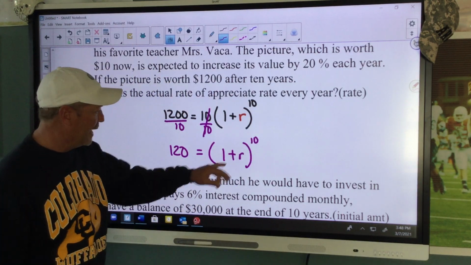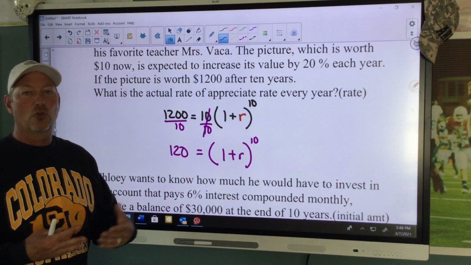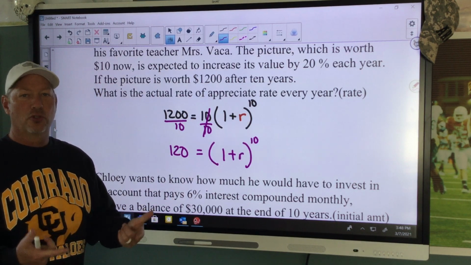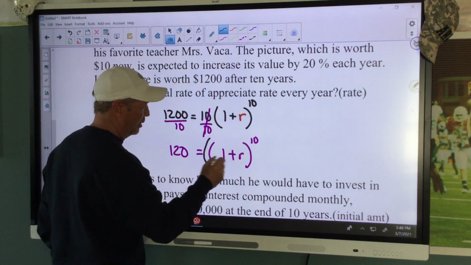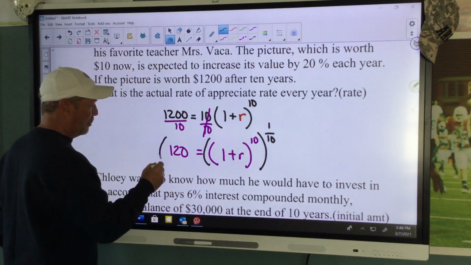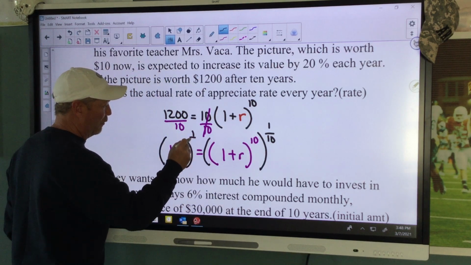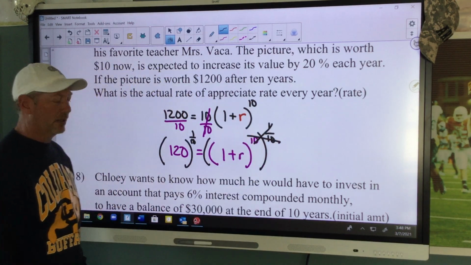Now, we need the exponent to go away. The way we ask you to do this is to raise the power to the reciprocal. So you're going to raise the power to 1 over 10. This allows us to cancel the exponent, okay?